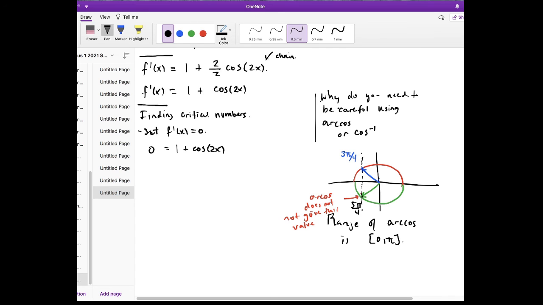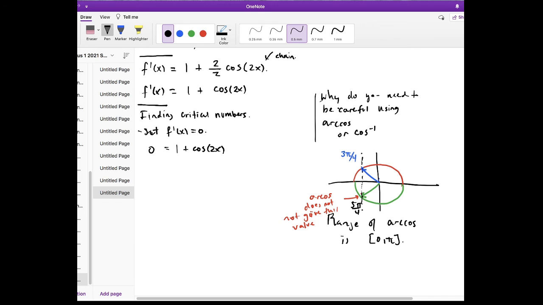Okay, so if you don't want to use arc cosine, what do you do? How do you deal with the cosine of 2x? You could do that, but for practice, can we do a different way by factoring?